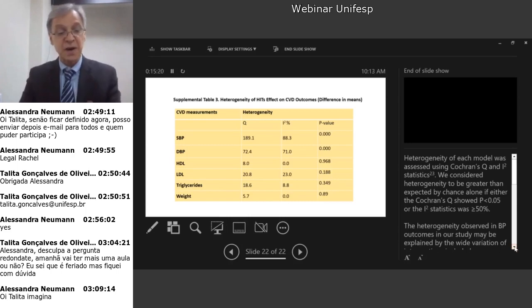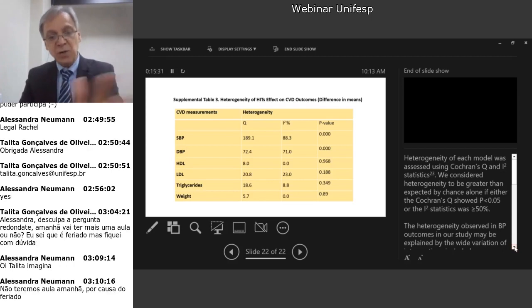This is a good example here. I did use random effect models for SBP, DBP, triglycerides, and LDL. I didn't use it at all for HDL, but I also did the analysis just in case, but it was not significant anyway. And the triglyceride, that could be a toss. I could have used it or not.